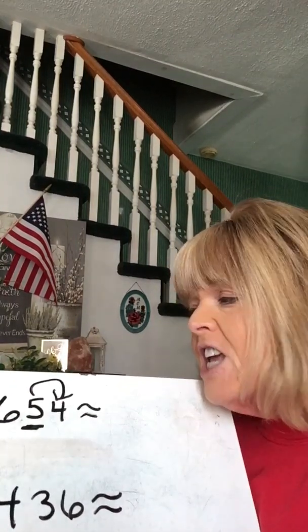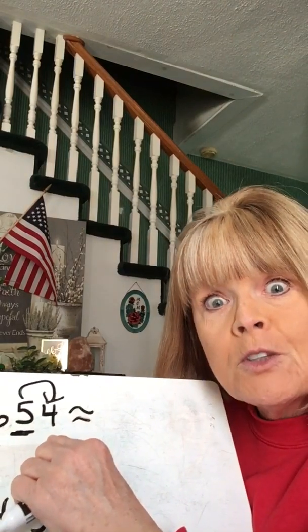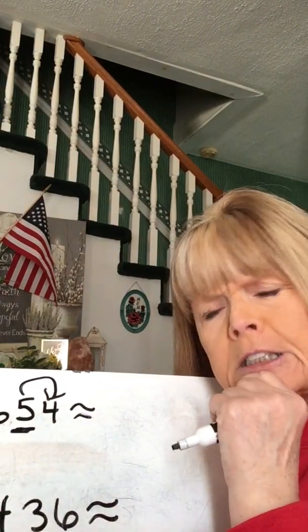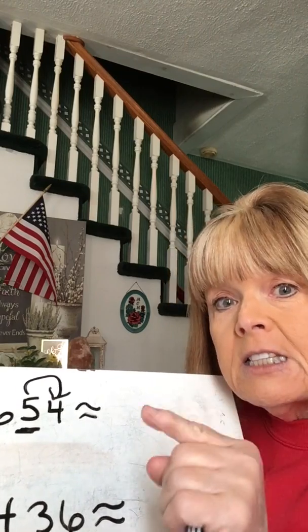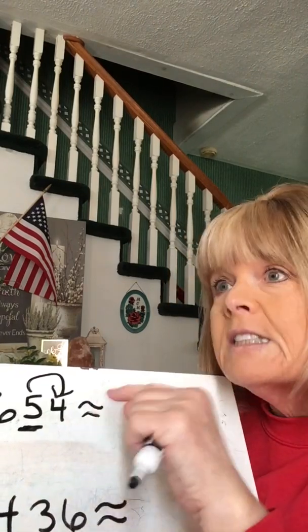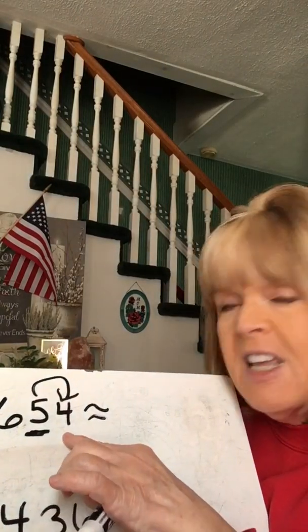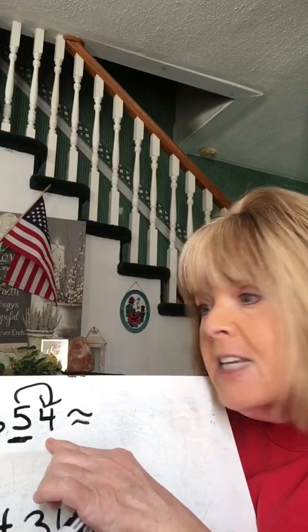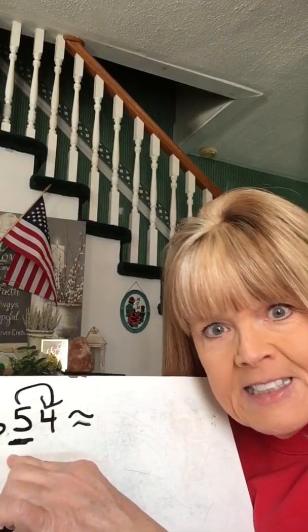So you look to him and say, what do I do, Mr. 4? And he says, I think you ought to stay the same here, buddy, because any digit that's less than 5, he always says, I think you ought to stay the same there, buddy. So the 5 stays the same.